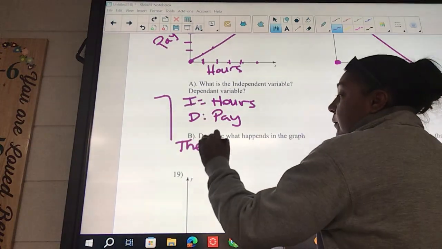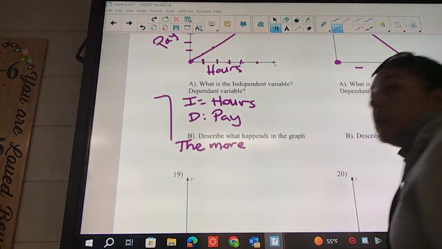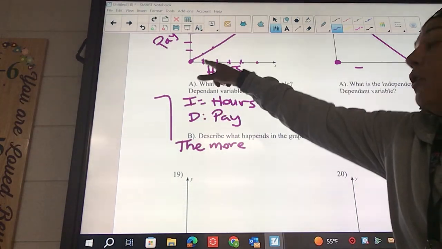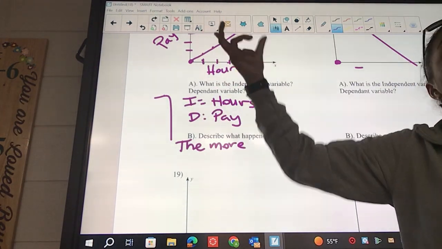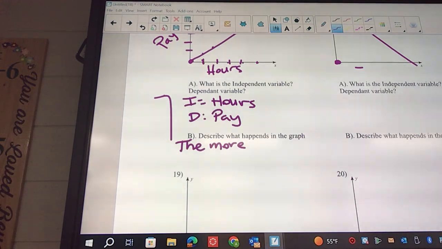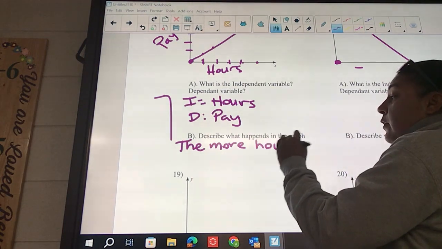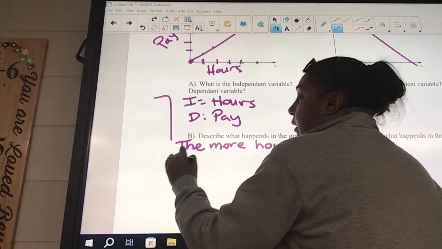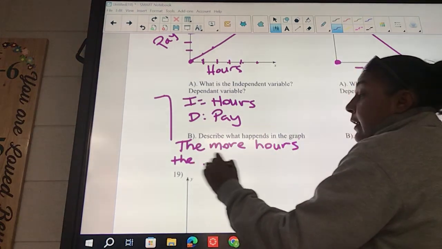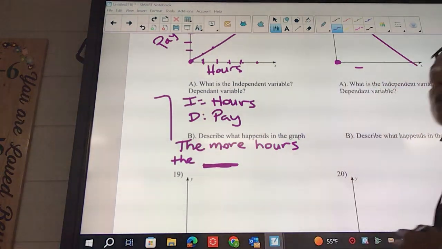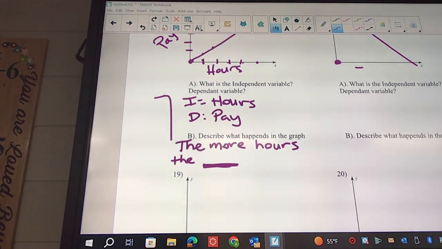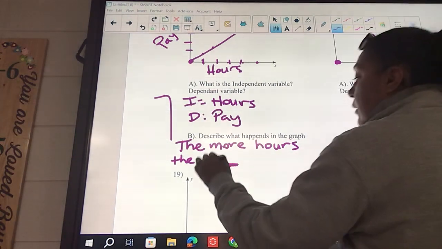The more, okay? And the more is important because this is only going up. The more, whatever is on my x-axis, which in this case happens to be what? What's on my x-axis? Hours. Okay, the more hours, and then this word. Is it going to be more or less my paycheck? The more my paycheck.